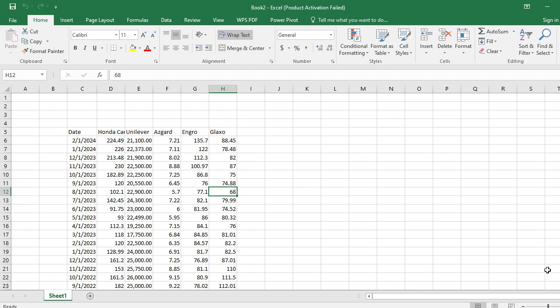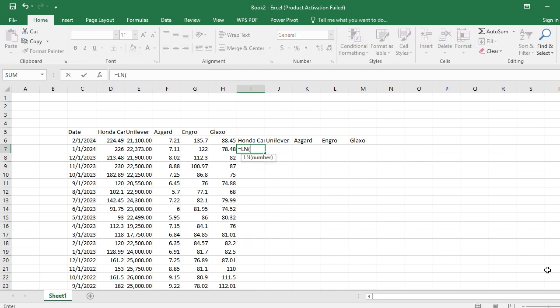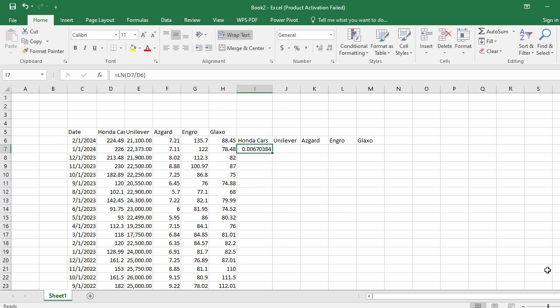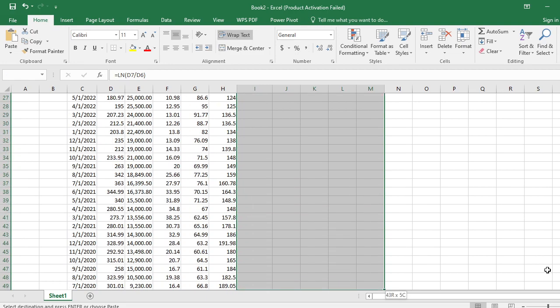So these are the prices of the last 5 years, monthly closing prices of 5 assets: Honda, Unilever, Askari, Engro, and Glaxo. First of all, I'll be calculating returns of these assets. I'll be computing log returns, making it continuous compounding.